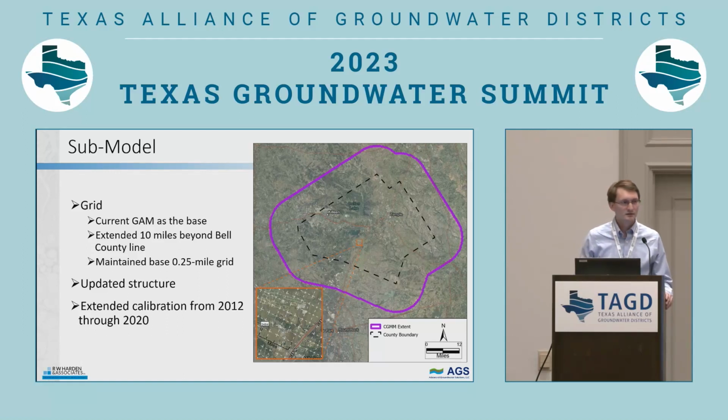The structure within Bell County was updated to reflect the hydrostratigraphic model Alan Standen and Michelle Sutherland developed. Within the active area beyond Bell County, we interpolated that 3D model with the current Trinity Woodbine GAM.